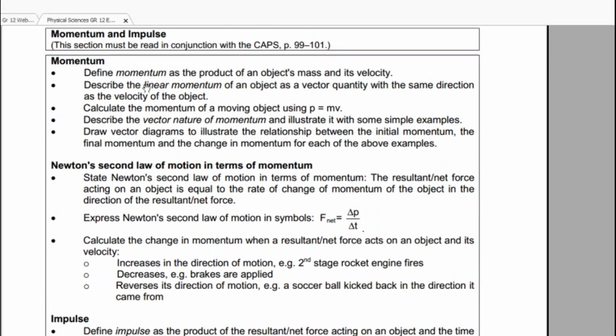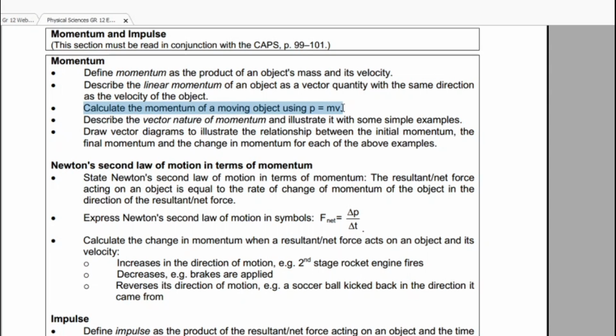So here they define momentum as the product of an object's mass and its velocity. Lokho kuchaza ukuthi if une mass ye-object and you know its velocity, you can calculate momentum by taking the product of the mass of that object and its velocity. So which takes us to this formula here.